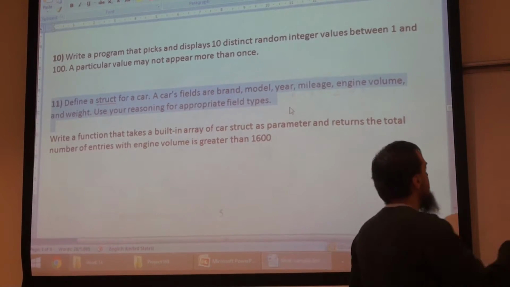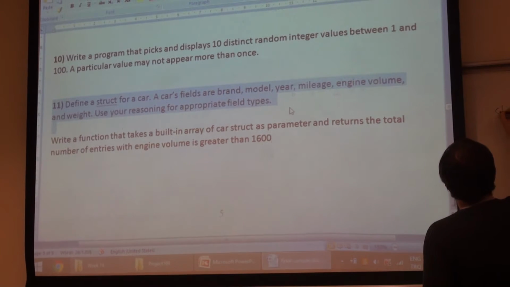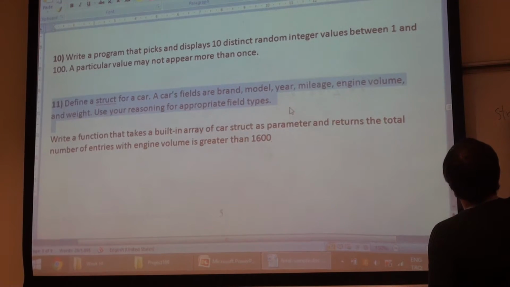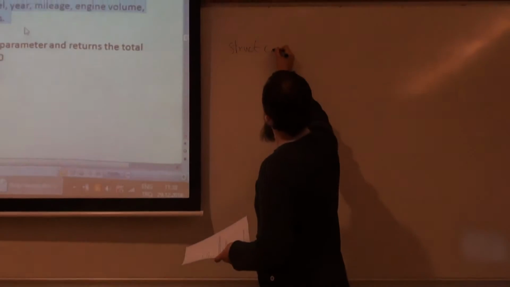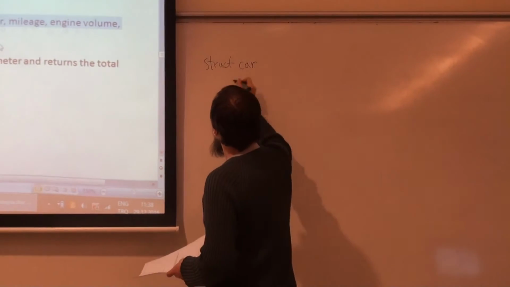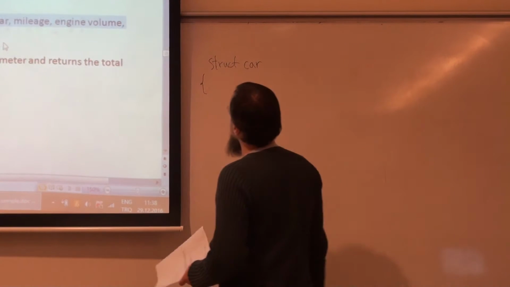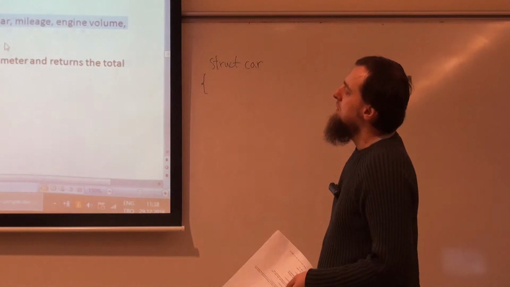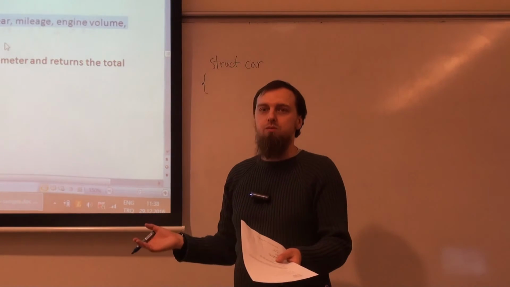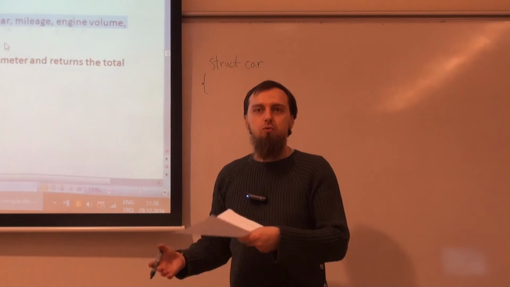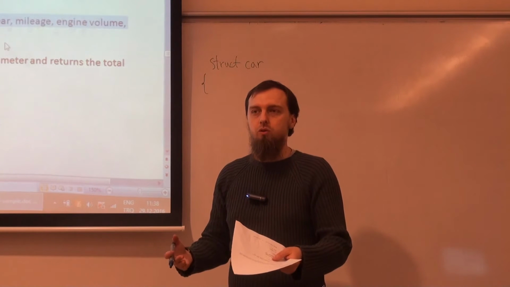So let's write this structure first. It's a structure. We are going to call it car. And it has the following fields. Brand. So what kind of type is brand? It should be BMW, Mercedes, Audi, whatever. So it's what?